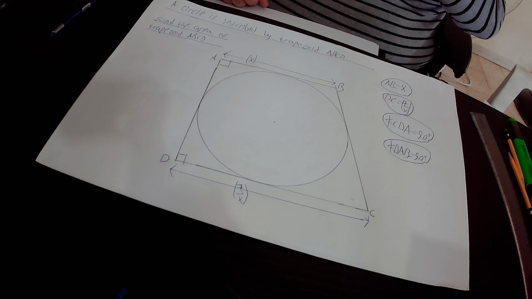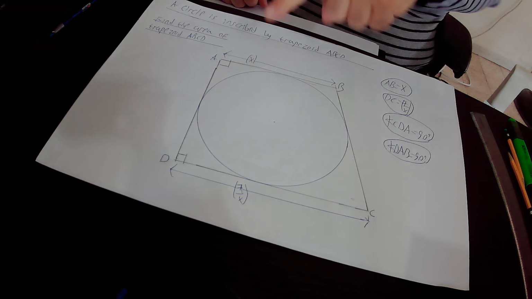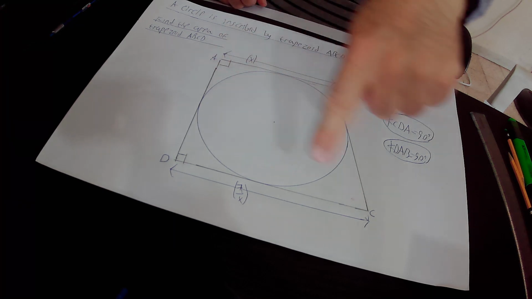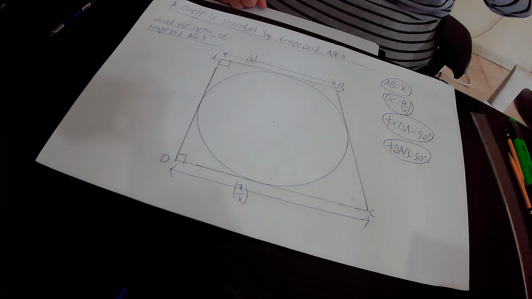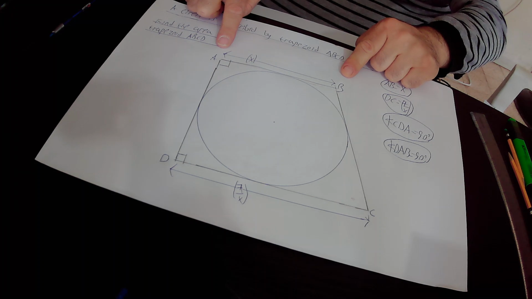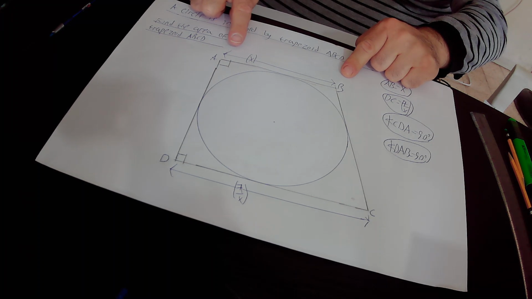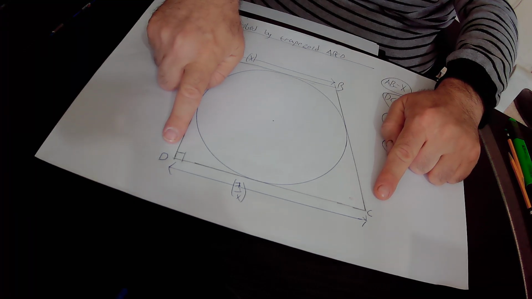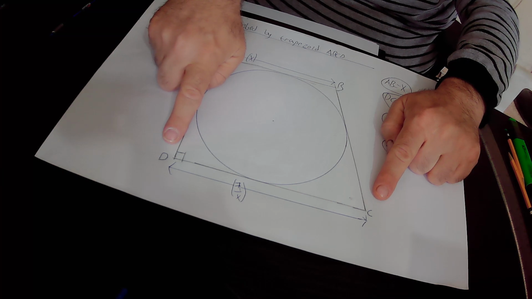So in the drawing we have a circle that is inscribed by this trapezoid ABCD. In addition, we know that side AB of trapezoid ABCD equals x units in its length, and this is side DC that equals x over 2 plus 7 over x units in its length.